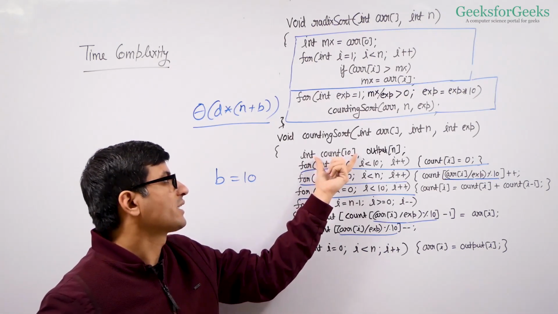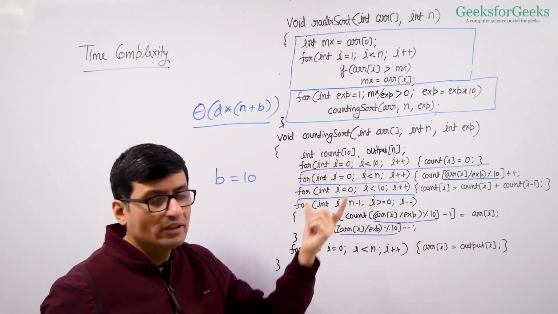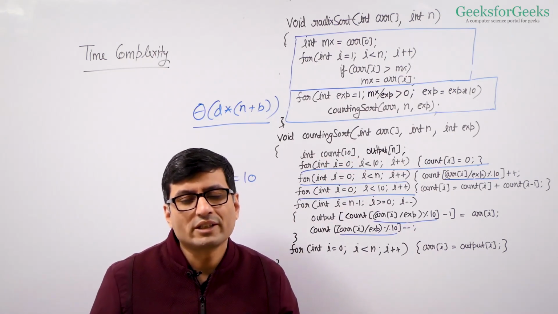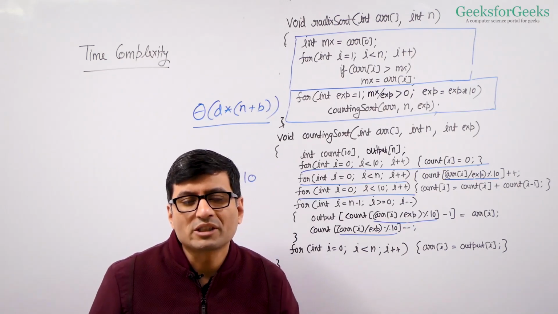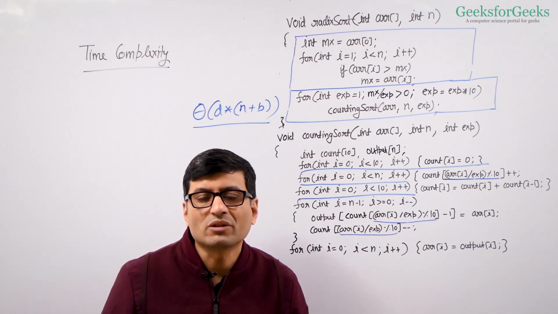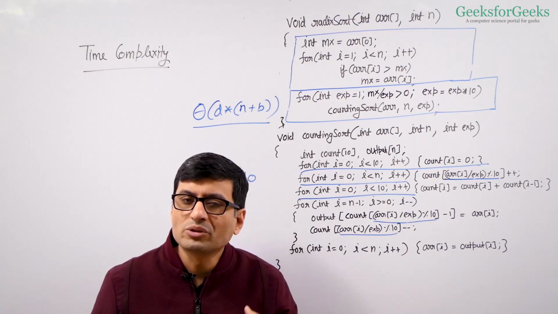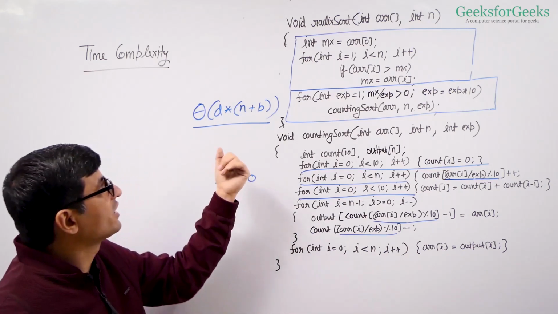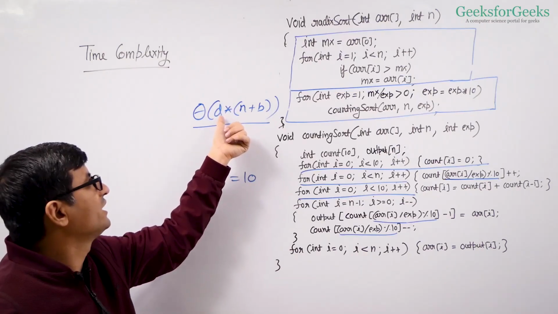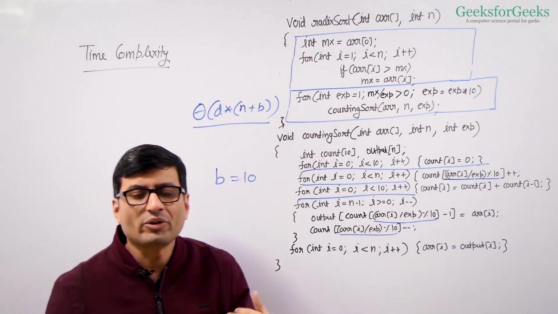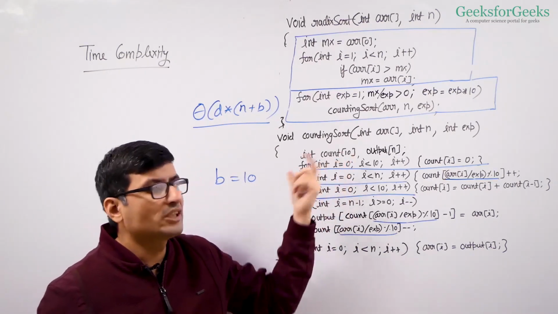Here we need extra space of size 10, but if you're using a bigger base, then that size will increase. So this is an interesting trade-off between space and time in the implementation of Radix sort. If we want to reduce the time, we can increase the base, right? And then this d value will decrease because it's in multiplication, but your extra space required will increase.